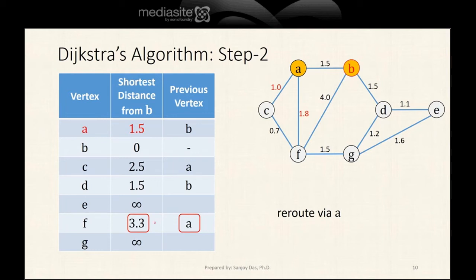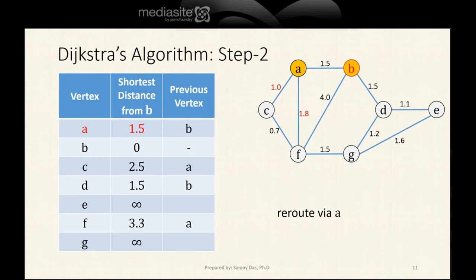Since I rerouted through A, I update my previous vertex. So now the shortest path to F found so far has a distance of 3.3, and in order to enter vertex F, I have to go via A. So this is my table at the end of step 2, and I have at this point marked B and A as visited.